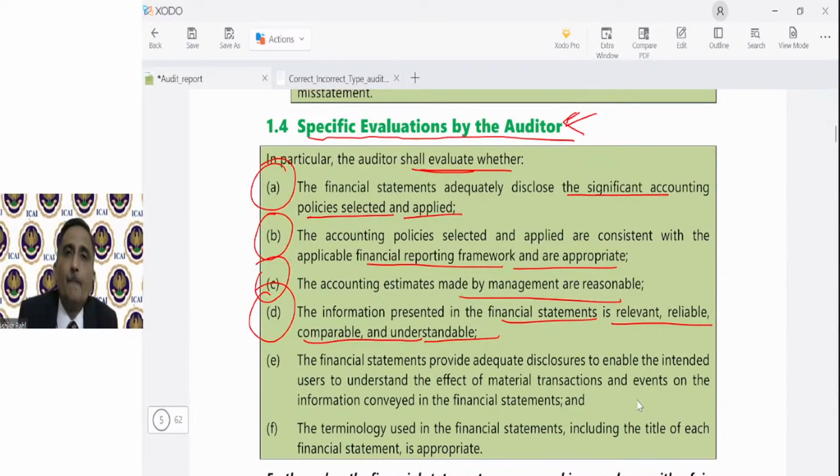They are also comparable and understandable, so that any user of the financial statements can easily understand what the financial statements purport to convey.